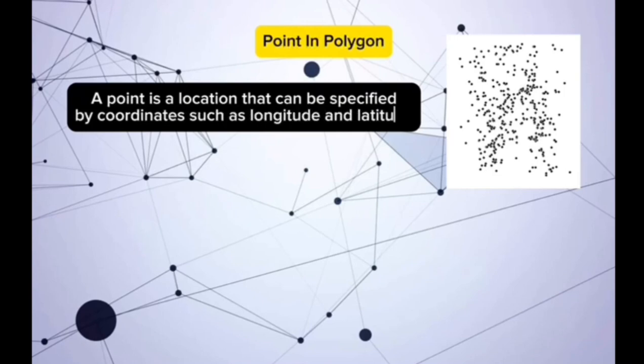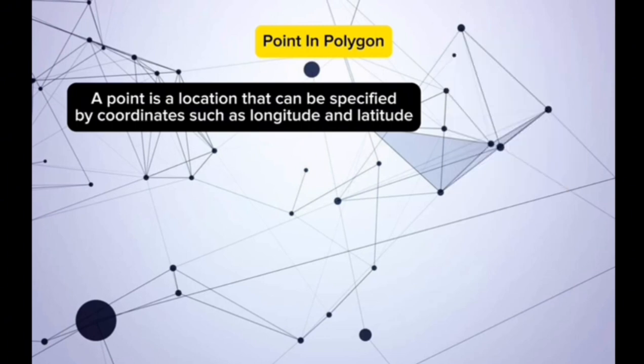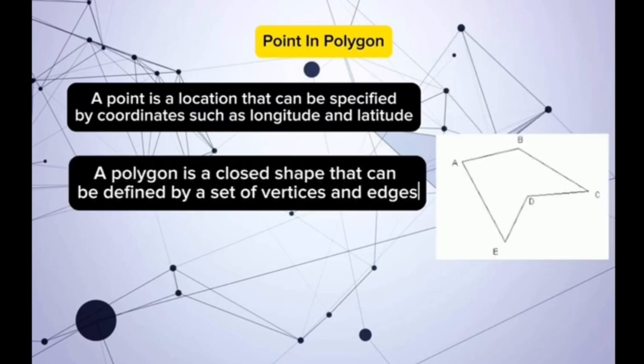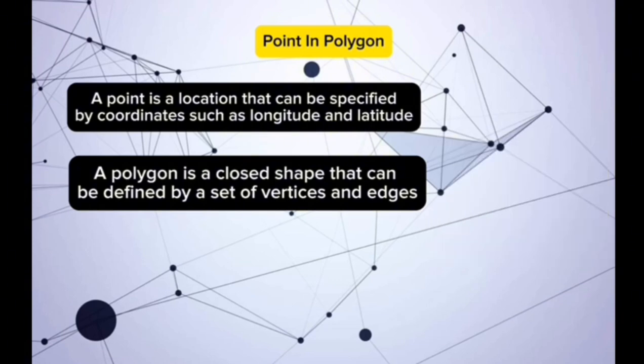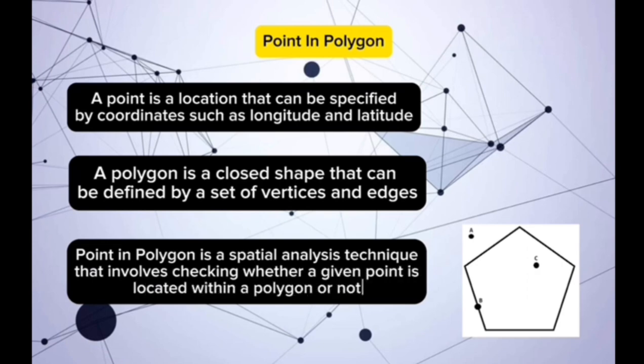A point is a location that can be specified by coordinates such as longitude and latitude. A polygon is a closed shape that can be defined by a set of vertices and edges. Point in polygon is a spatial analysis technique that involves checking whether a given point is located within a polygon or not.